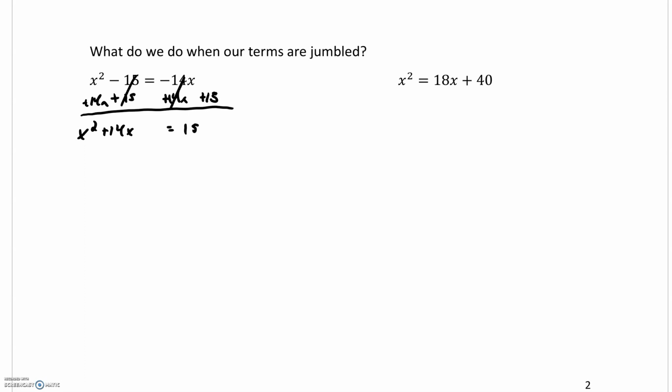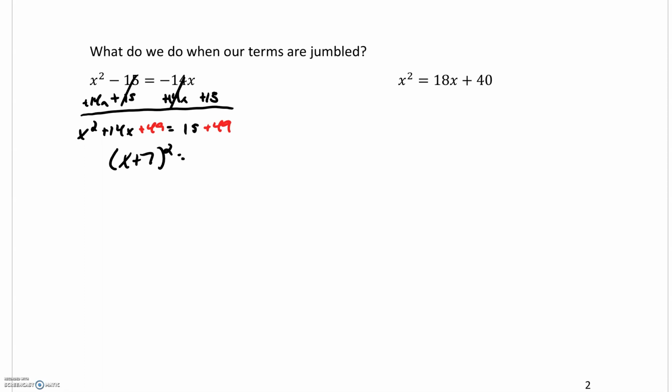Take half of b, 7, square it, 49. So I'm going to add 49 to both sides. My left-hand side will factor to x plus 7, quantity squared.